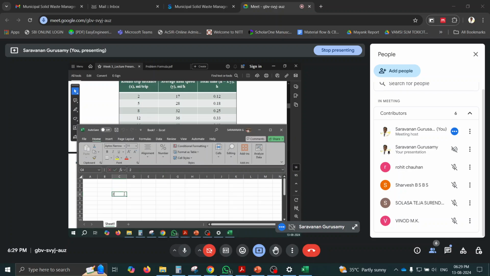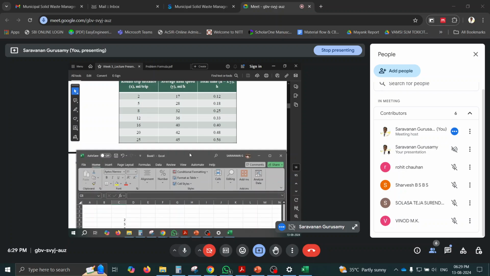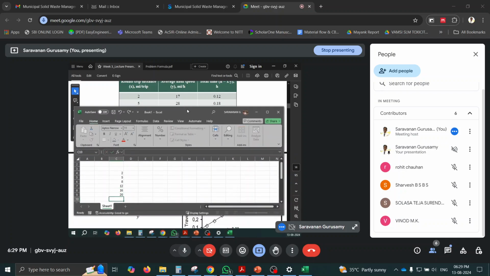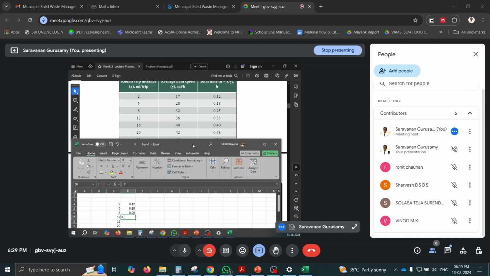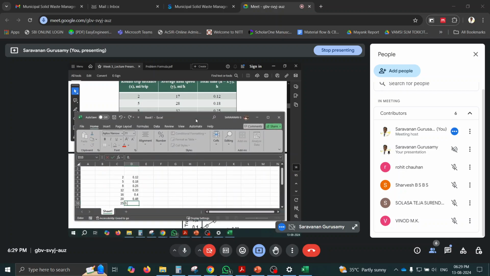So you can do 2, 5, 8, 12, 16, 20, 25. And then in the y-axis we are going to write the h value. So 0.18 and then 0.25, 0.33, 0.4, 0.48, 0.56.